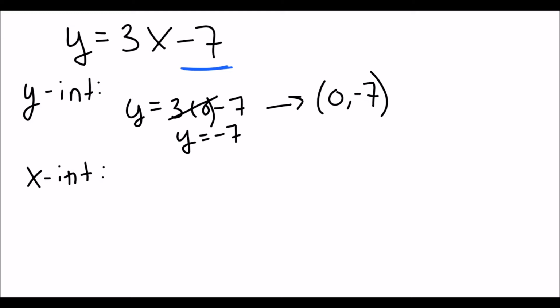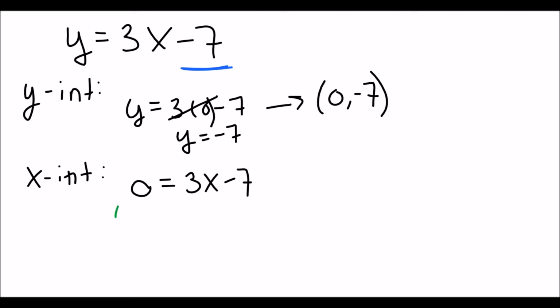Now let's find the x-intercept. The x-intercept is where y equals 0. And so let's plug in 0 for y. So we get 0 equals 3x minus 7. And now we just solve for x. If you don't know how to do this, go check out one of my other videos. I believe it's called Solving for a Single Variable, and it will walk you step by step how to do this.